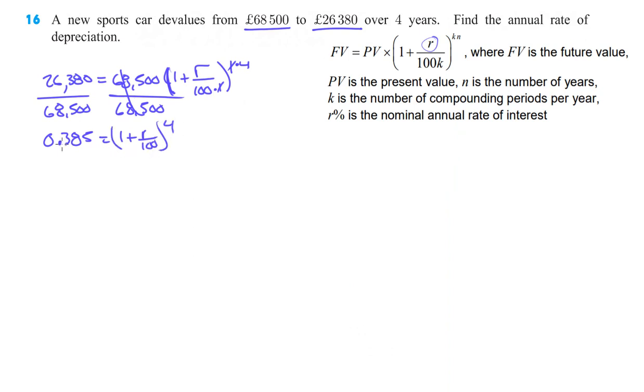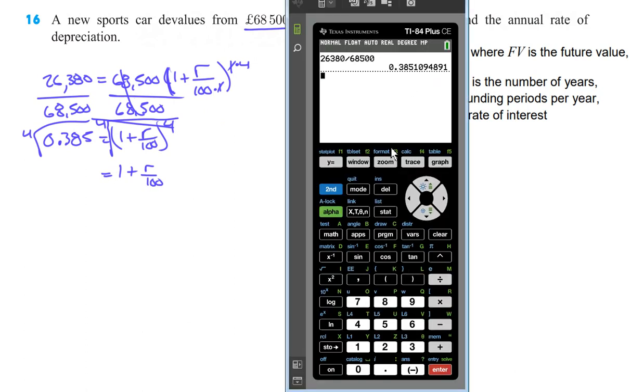What this means is in 4 years' time, the car is worth 38.5% of what it was originally, which is pretty sad, but oh well. We want to get rid of this fourth power, so we take the fourth root of both sides. That cancels that out. We get 1 plus r over 100 equals the fourth root of 0.385.